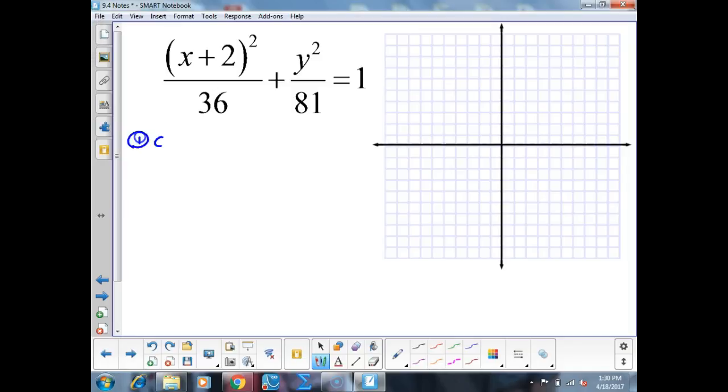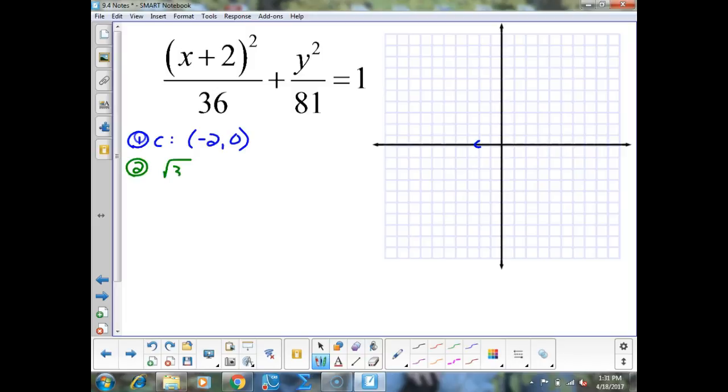Center. Square root of 36. 1, 2, 3, 4, 5, 6.